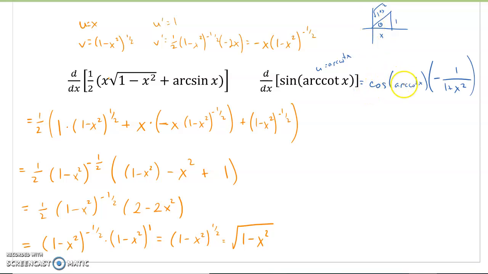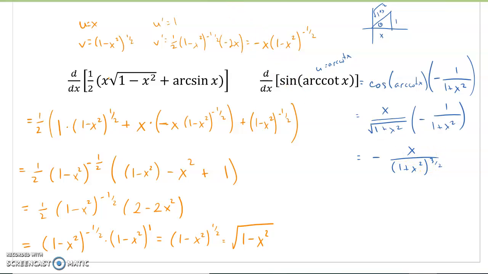So if we're going to take the cosine of this, we're going to have x over the square root of 1 plus x squared, and then we're going to multiply that by negative 1 over 1 plus x squared. And we can actually combine these together and get negative x over 1 plus x squared raised to the 1/2 plus 1, which is 3/2. All right, so that's one way we could do the problem.